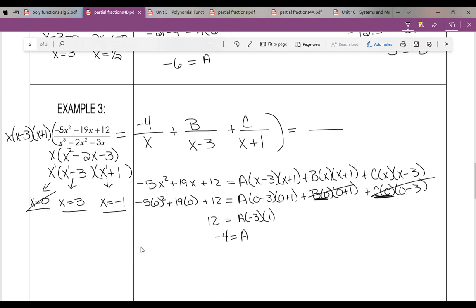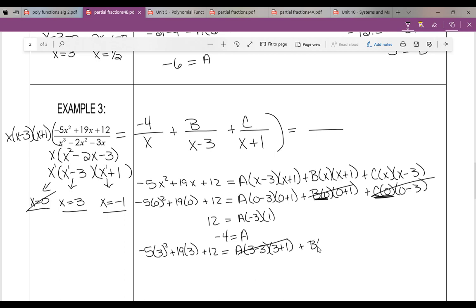Now we'll take our 3. So that's negative 5 times 3 squared plus 19 times 3 plus 12. That's going to equal A times 3 minus 3 and 3 plus 1. That drops out because 3 minus 3 is 0. Do y'all agree?